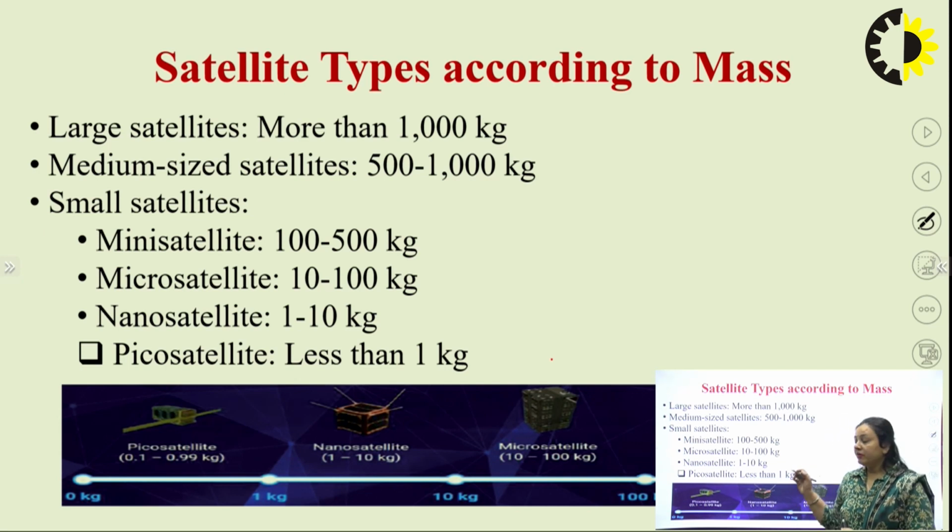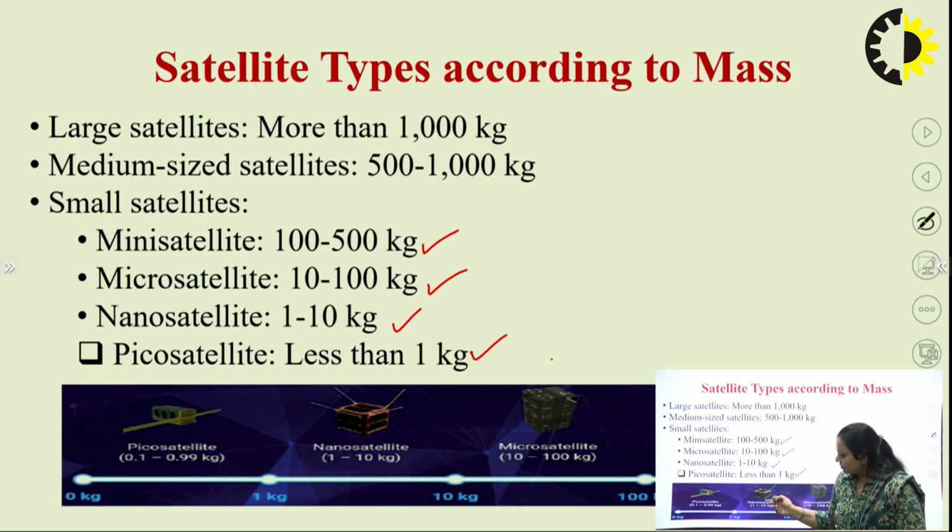If it is 10 to 100 kg, we call it a micro satellite. For nano satellites, the weight lies in the range of 1 to 10 kg. A pico satellite is one whose weight is less than 1 kg, so small that its weight is even less than 1 kg.